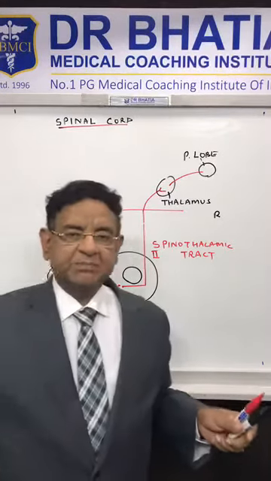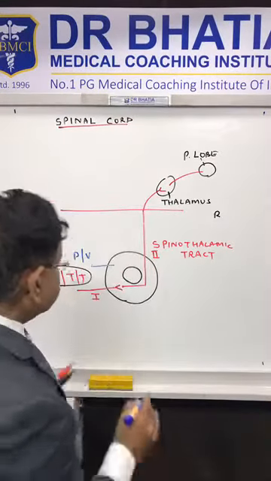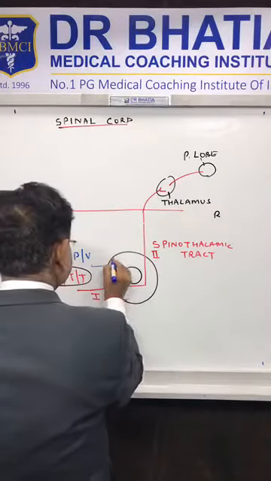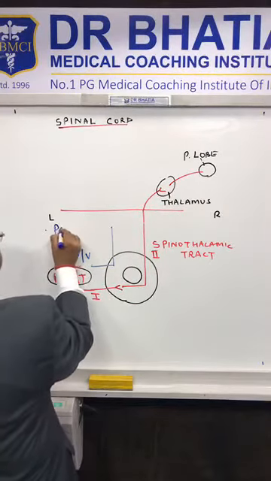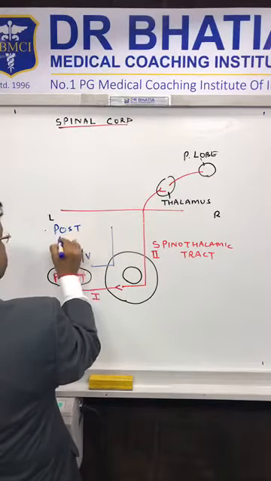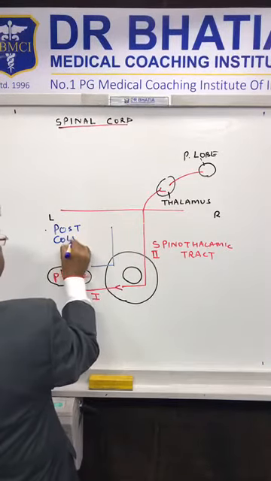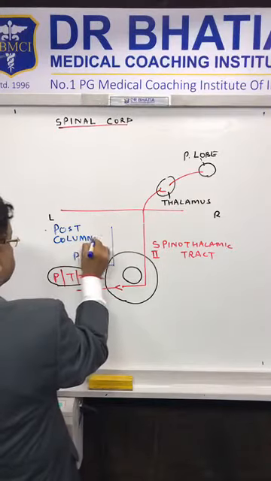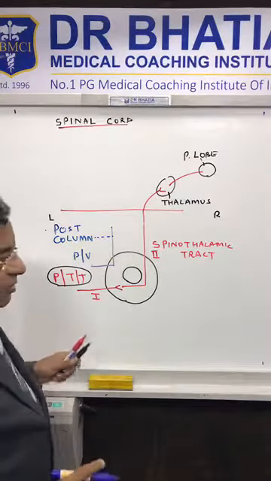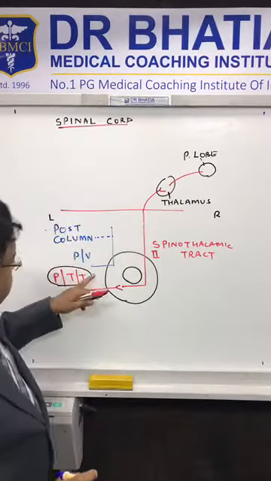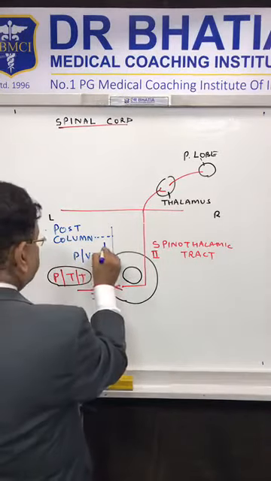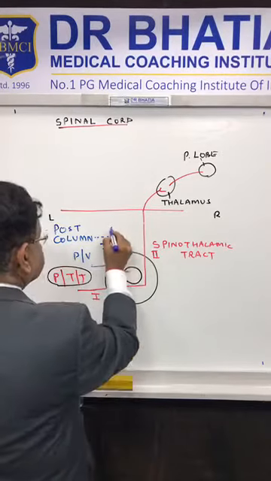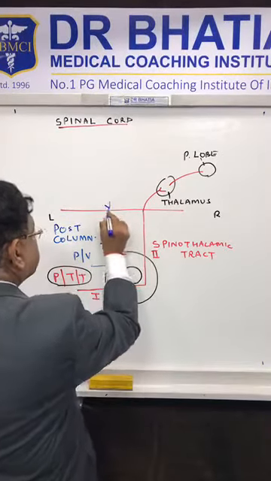They enter the spinal cord and travel upward in the posterior column. Point to note, they are not relaying straight away. This is the first order neuron. They travel upward and relay in the brain.